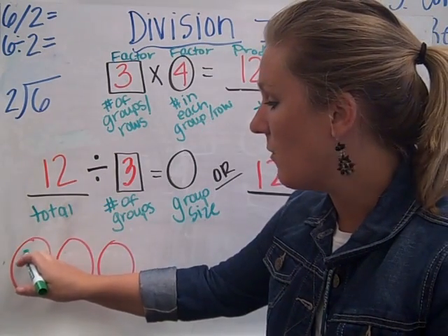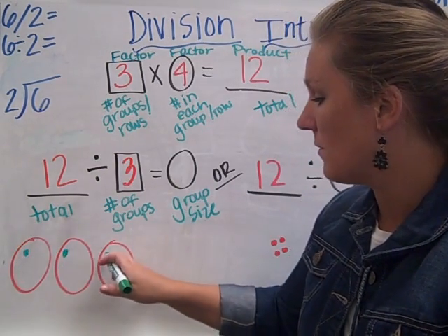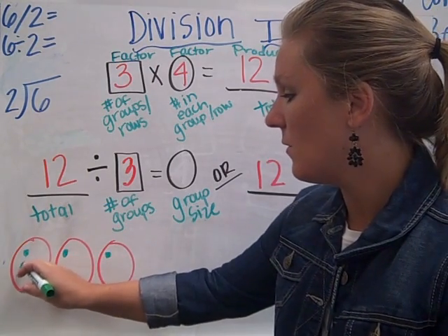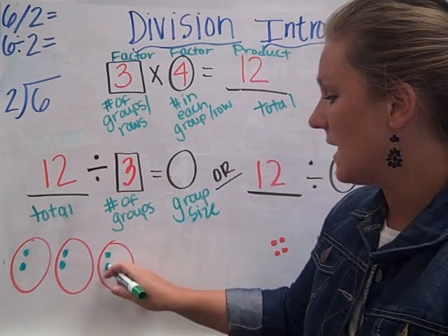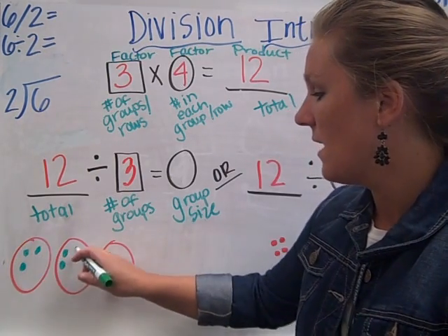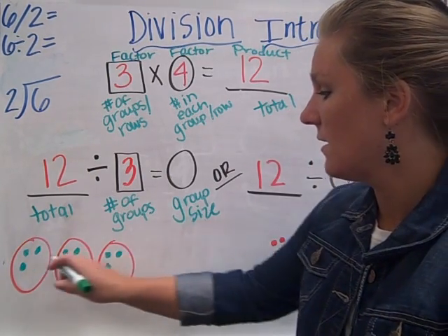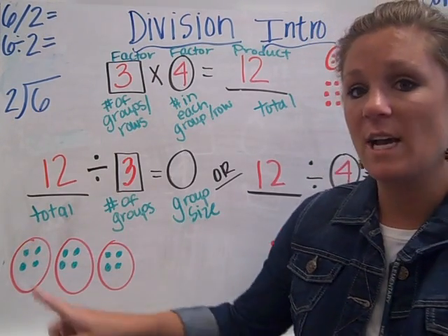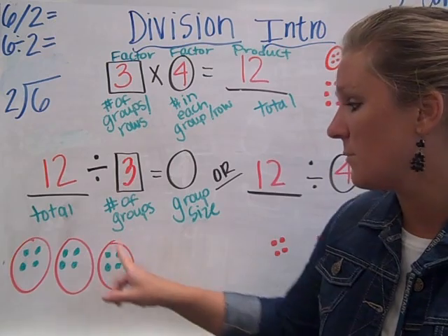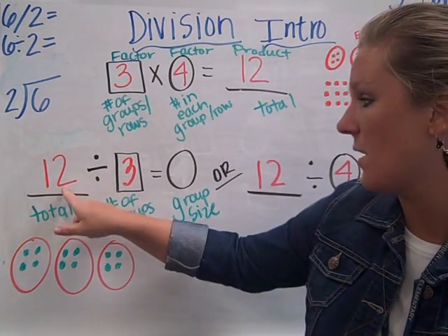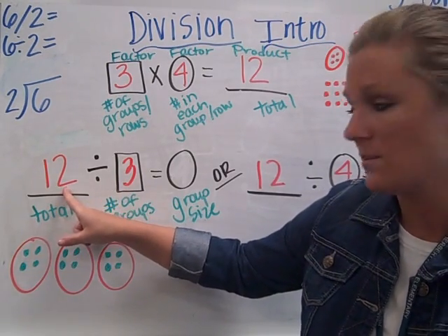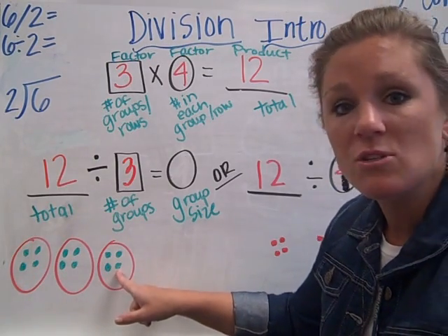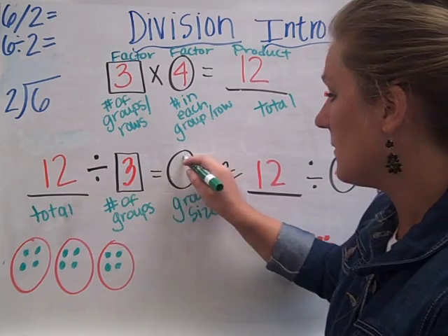So I know this will have 1, 1, 1. Okay, so 1, 2, 3, 4, 5, 6, 7, 8, 9, 10, 11, 12. So notice I just put 1 in each of the groups and kept going until I reached the number 12, or the dividend. And now I see that the group size, or number in each group, is 4.